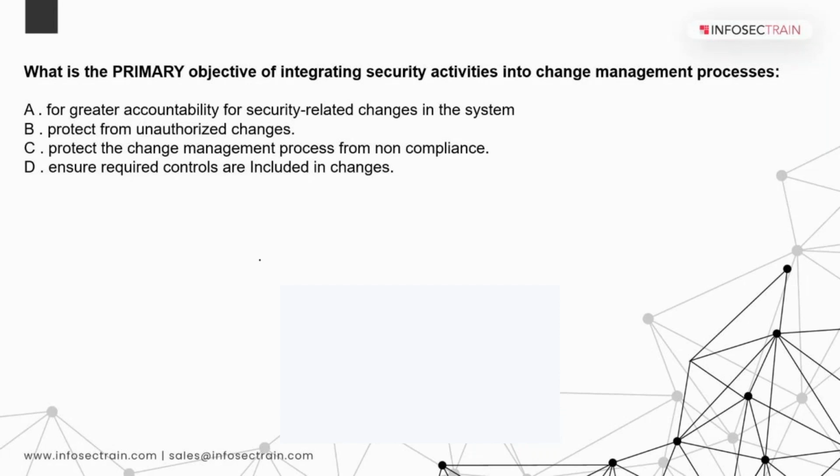Okay. The primary objective of change management is to protect your organization from unauthorized changes. If the change management process is not there in your organization, please think from this perspective, what happens? Anyone can change anything. Maybe your SOC team changes anything. Your firewall SME can do anything.